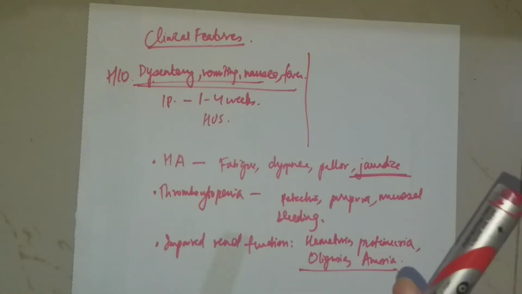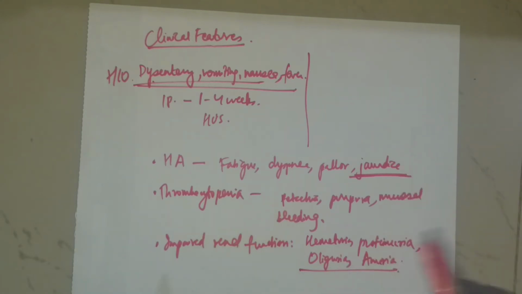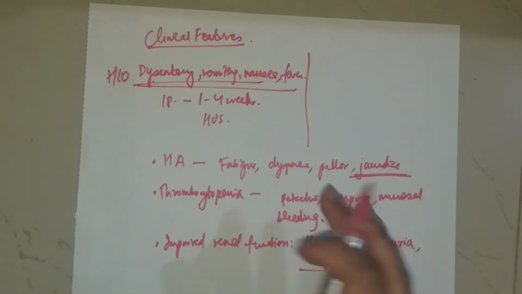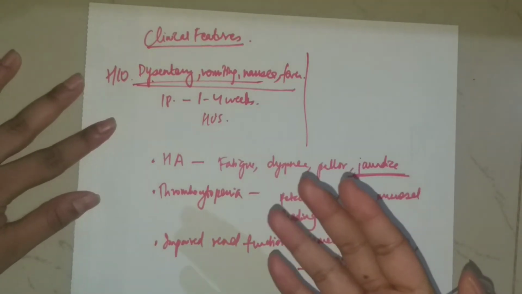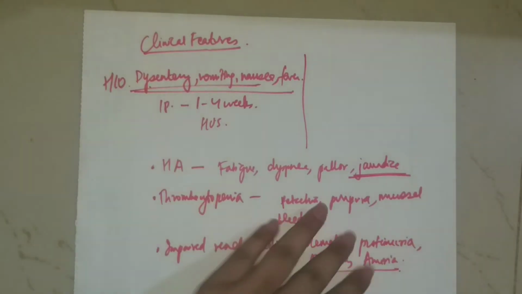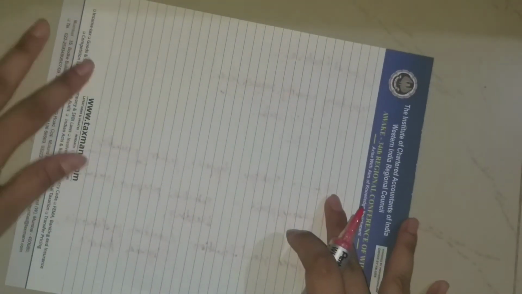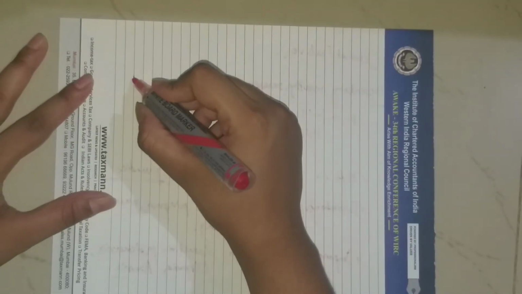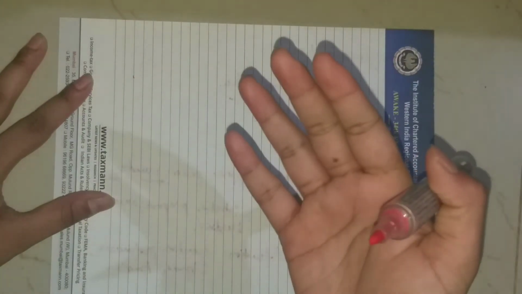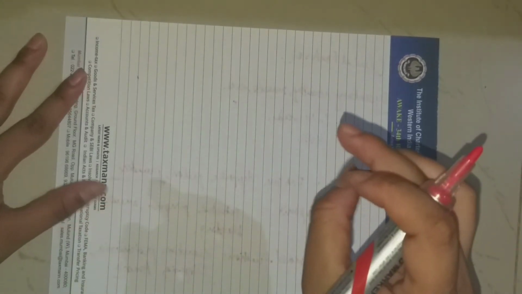Now I mentioned before that there's a similar entity called TTP, thrombotic thrombocytopenic purpura, which is similar to HUS in case of clinical features, but there's a difference in pathogenesis. How? The pathogenesis is a little similar to adult HUS, where there is a genetic defect.